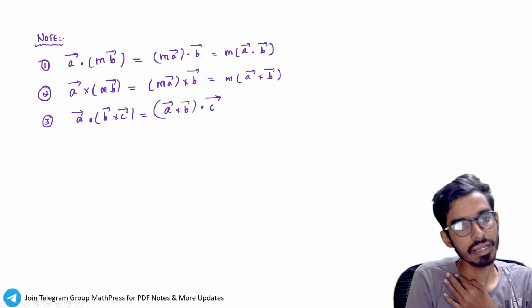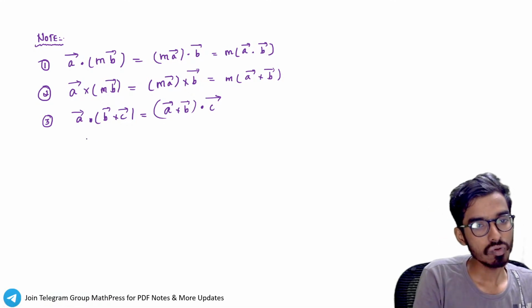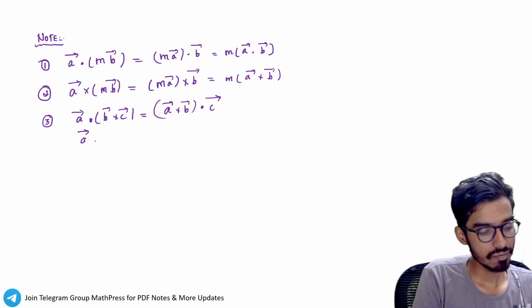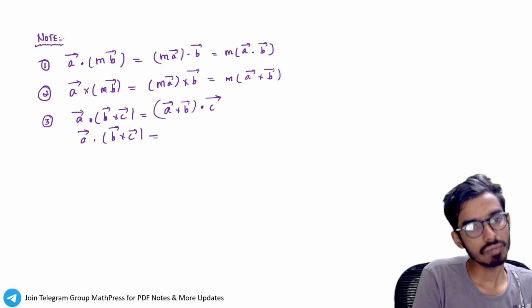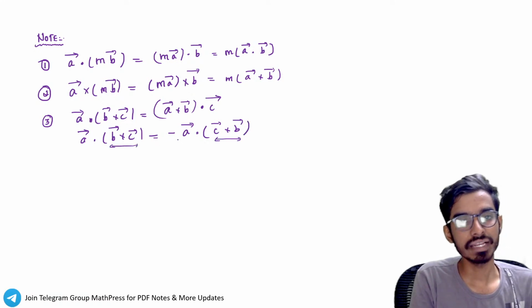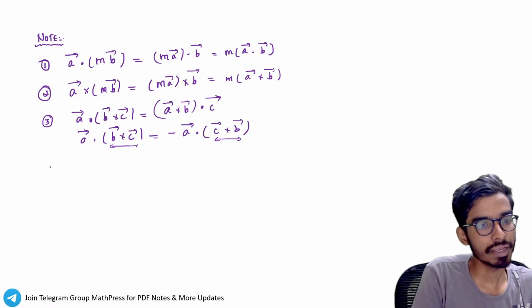So a cross b dot c. And you know this property: a vector cross b cross c. Suppose you want to shift to c cross b, you just have to multiply by minus, and you can shift. I'm just shifting this b cross c to c cross b by multiplying by minus. This is a basic property.